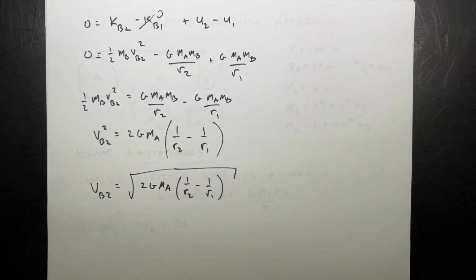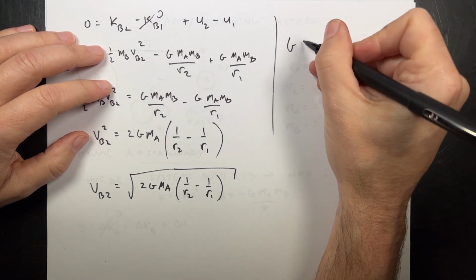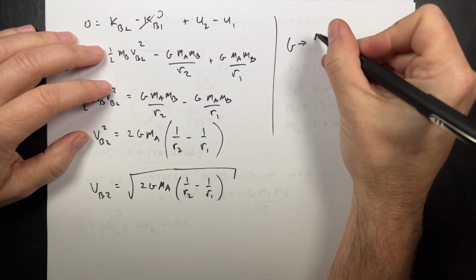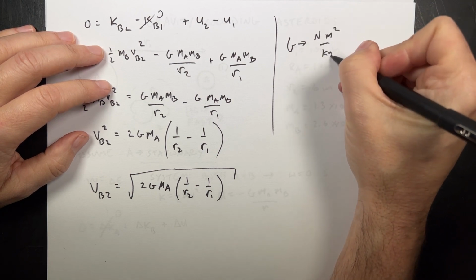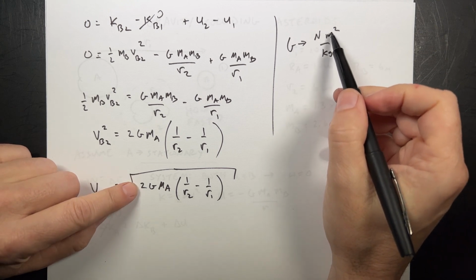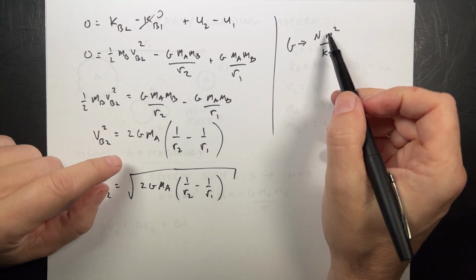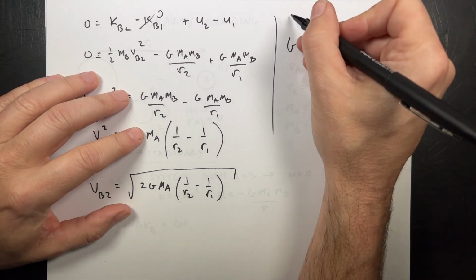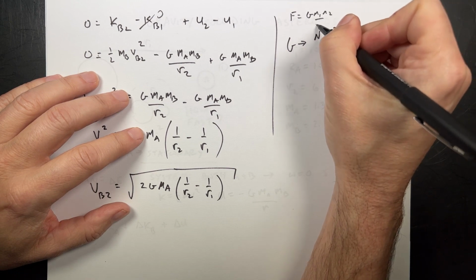So let's just check the units. First of all, G has units of newton meters squared per kilogram squared, right? Because I'm thinking of the gravitational force, F equals G M1 M2 over R squared.